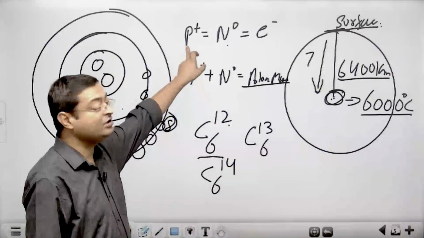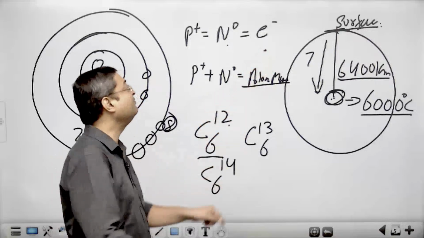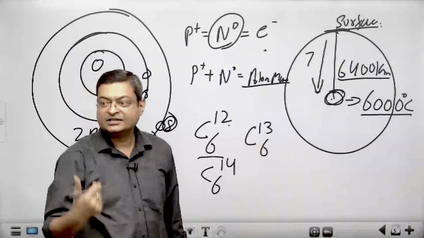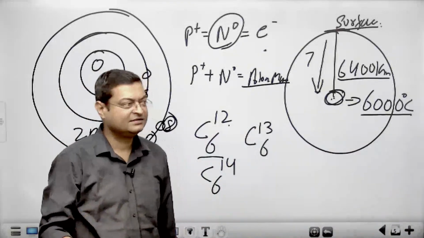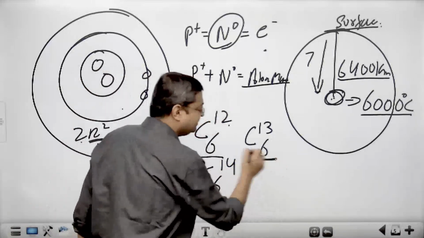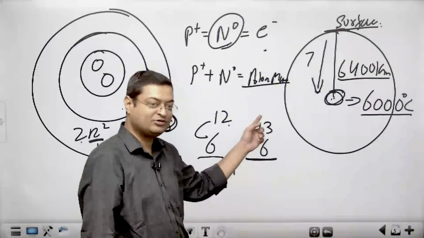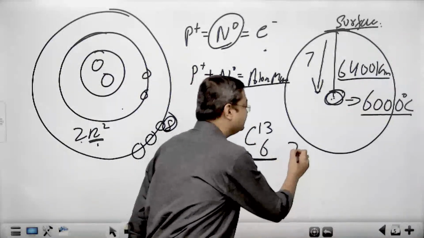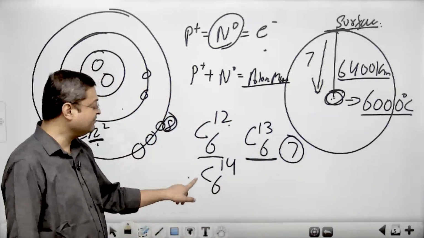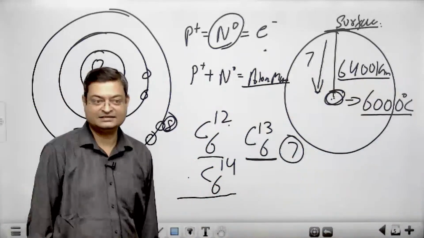The number of protons must be equal to the number of electrons, but the number of neutrons may increase. आवाज की दिक्कत है क्या? So if we say C-6-13, it means it is going to have 6 electrons, 6 protons, but the number of neutrons is 7. Here the number of neutrons is 8. So the number of neutrons is exceeding.